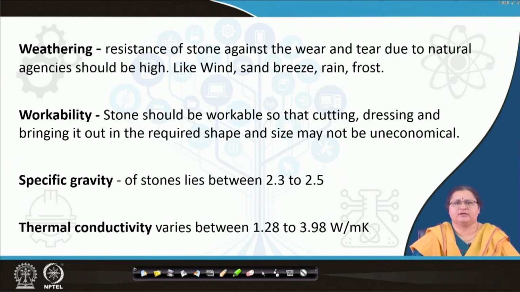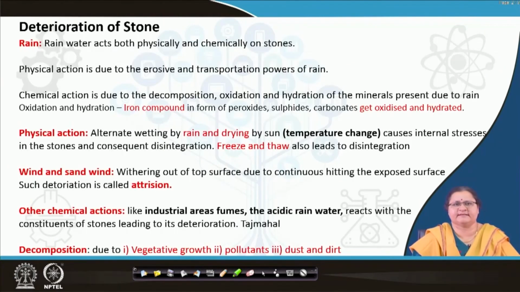So, after knowing these basic characteristics, we need to look into what can deteriorate stone, because again I repeat, stone does not have a covering. Stone can be seen bare from outside. Stone used as flooring, used as roofing, used as wall surface, all are bare.